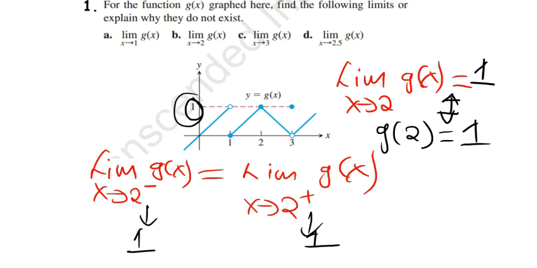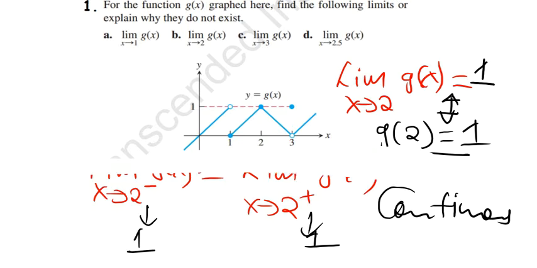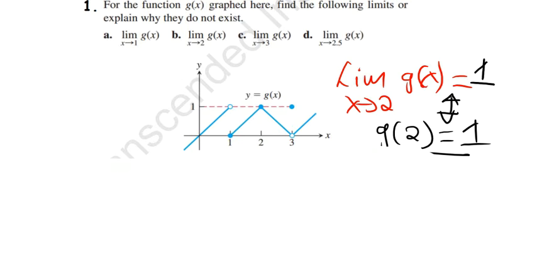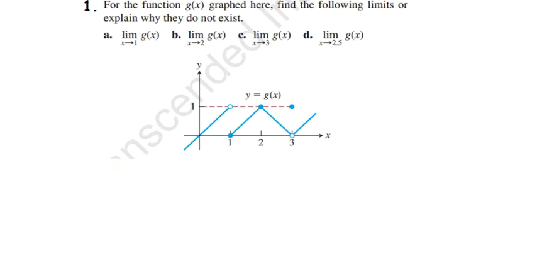So the limit is equal to the function value about that point. We can therefore conclude that the function is continuous about that point. This is what the basic idea of continuity looks like when you look at a curve.